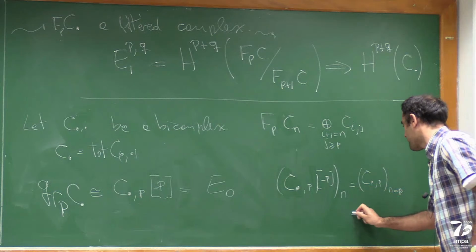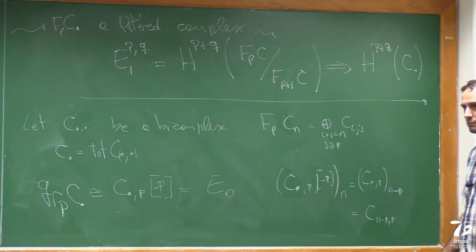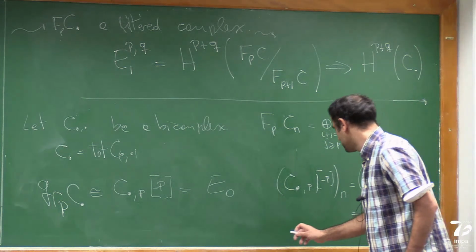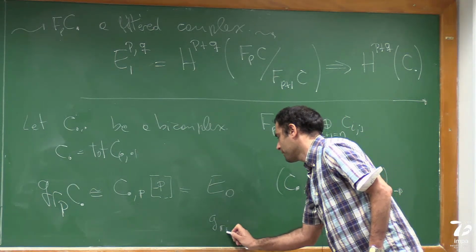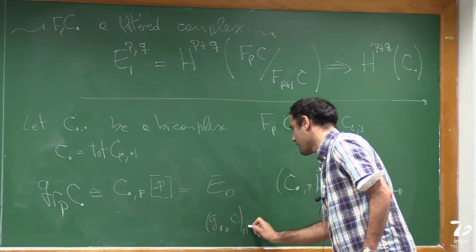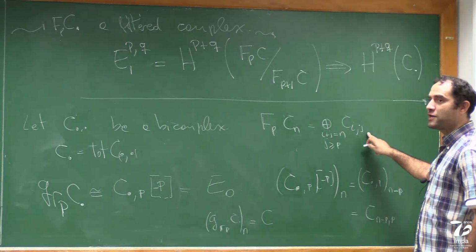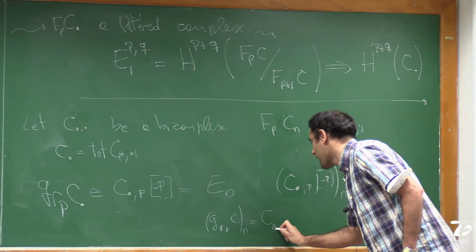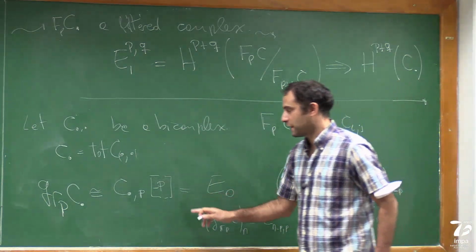And the component of degree n minus p here is C^{n-p}. The total degree of this thing is now in the total complex in degree n. Well, this is the sum of the C^{i,j} that sum up to n, and j is equal to p. So this has to be n minus p, which is equal to that. Okay, so this minus p is fine.